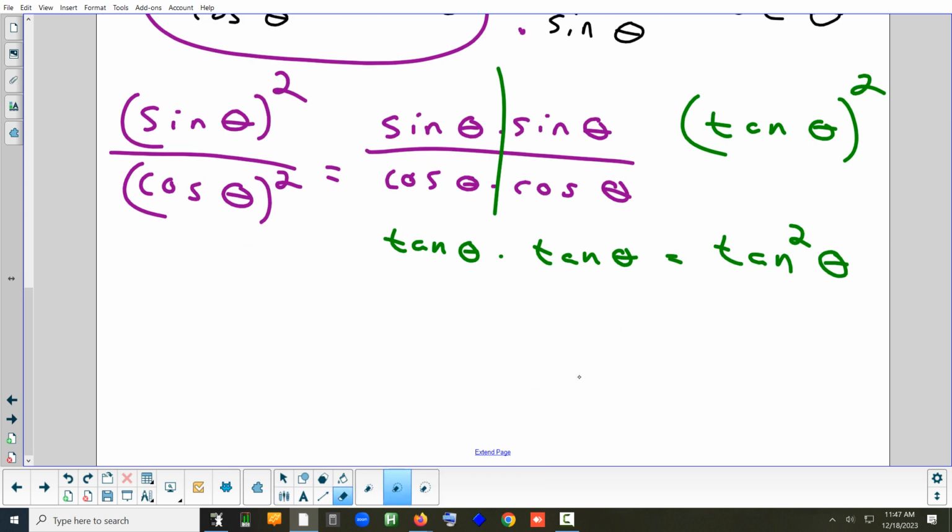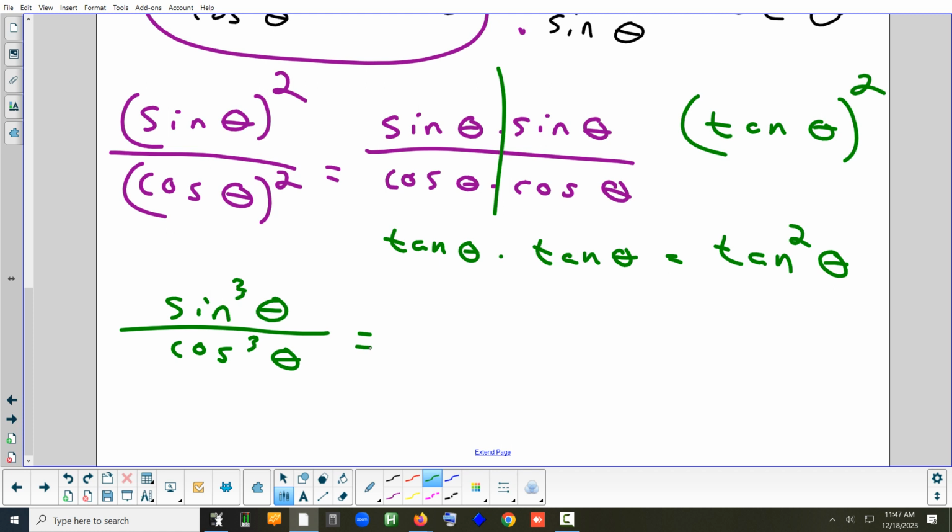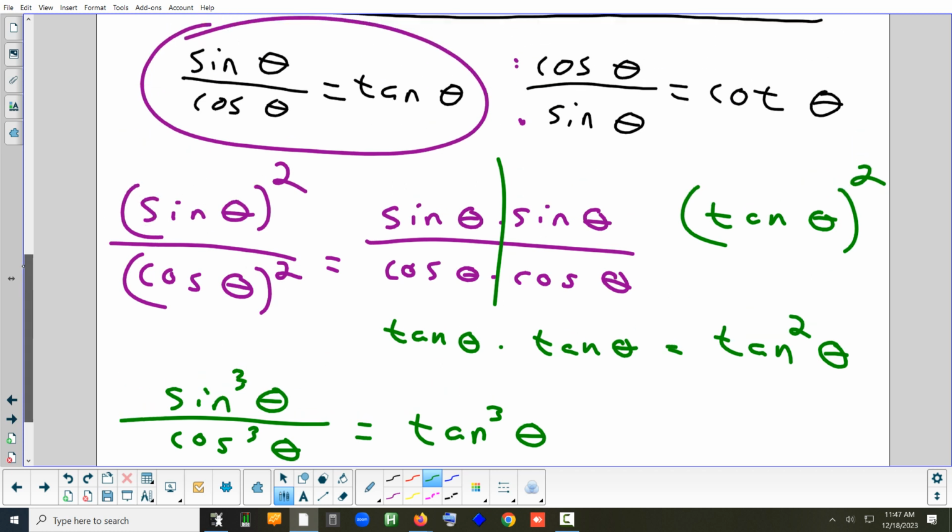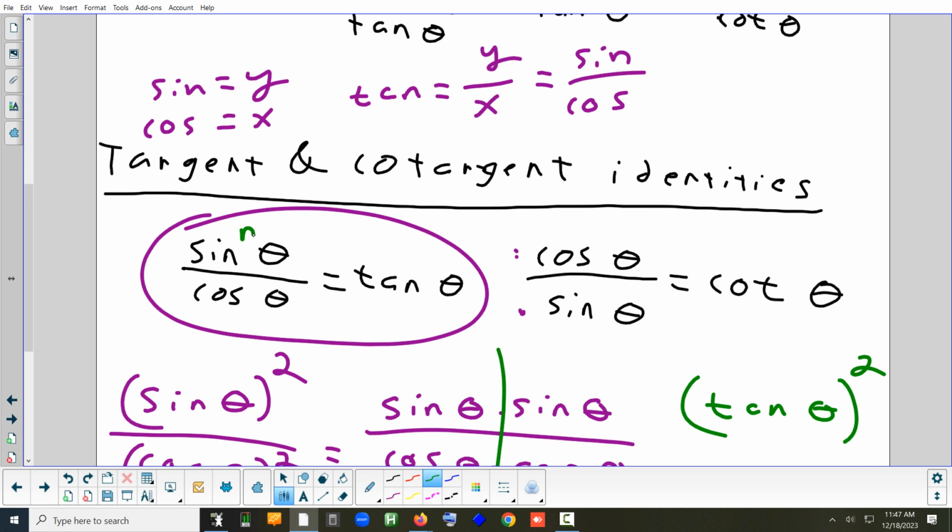So then, without going through all of that, what do you think sine cubed over cosine cubed would be? Tangent cubed. So the point I'm trying to show you here is these identities work for higher powers. Technically, you could have sine to the n as long as it's cosine to the same power. And then you get tangent to that power.